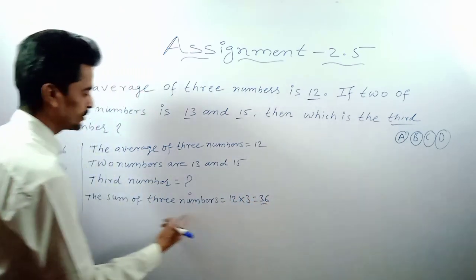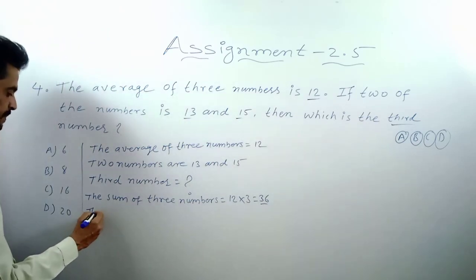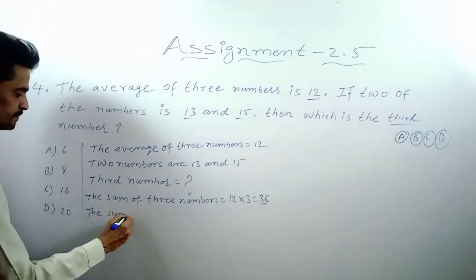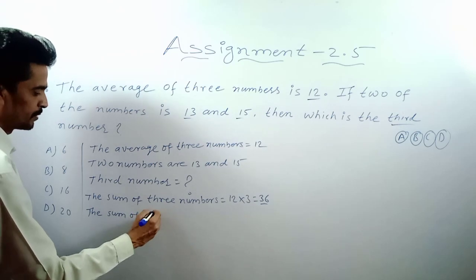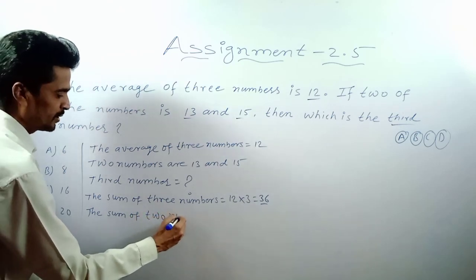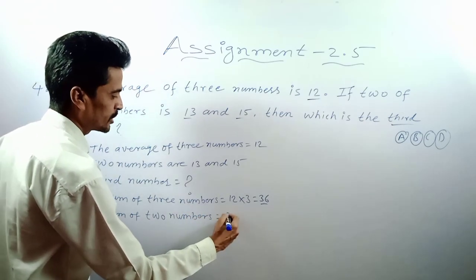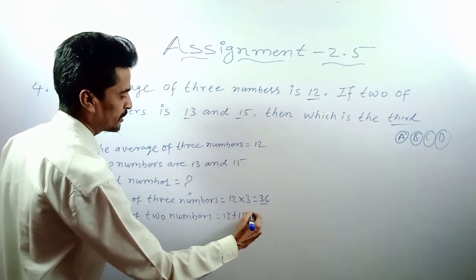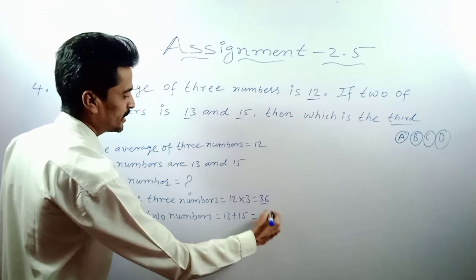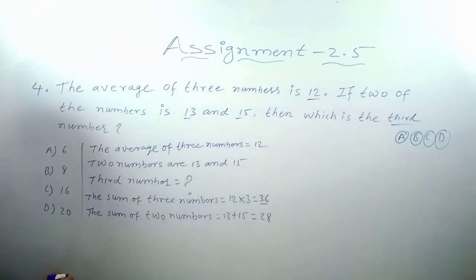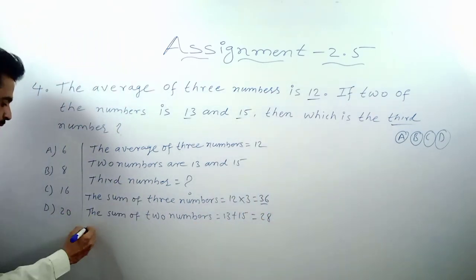It is the sum of three numbers. The sum of two numbers equals 13 plus 15 equals 28. Then what to find out? The third number.